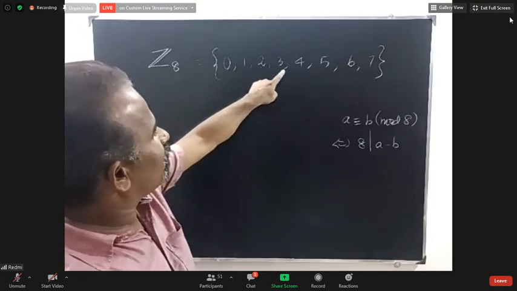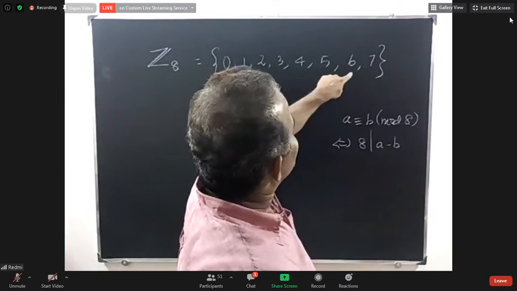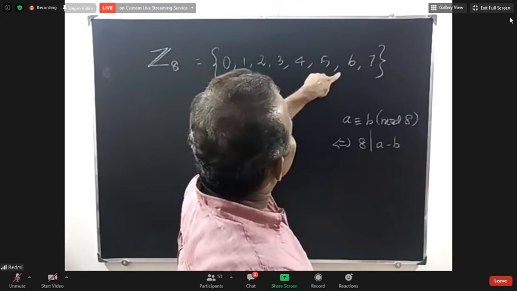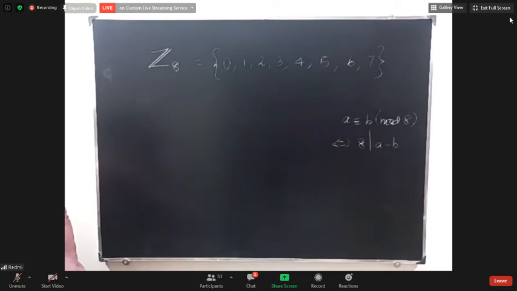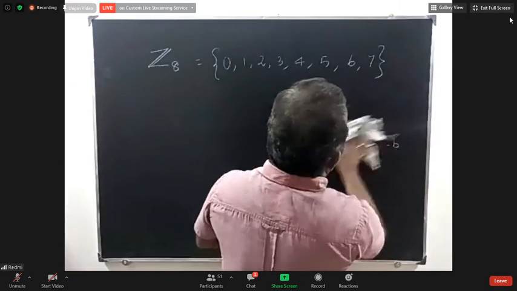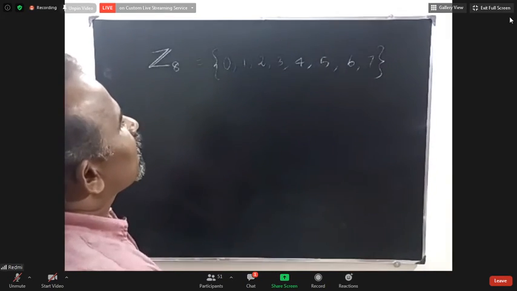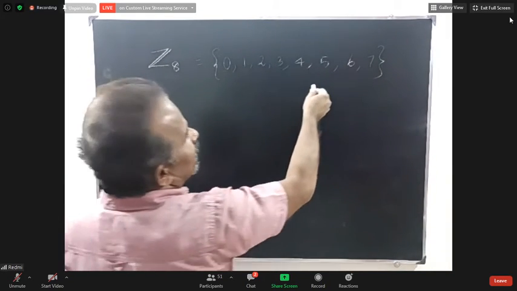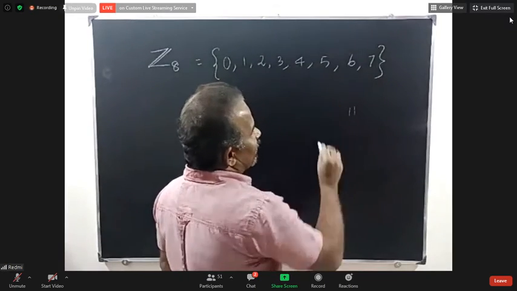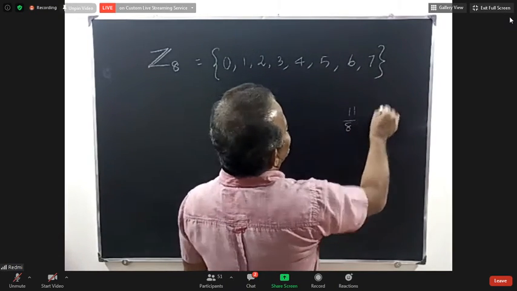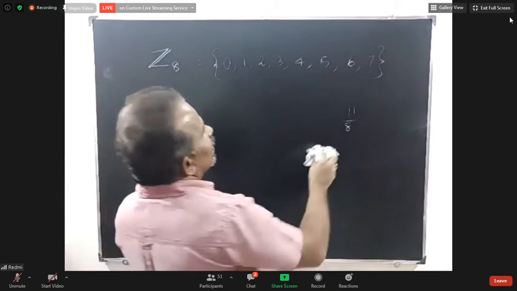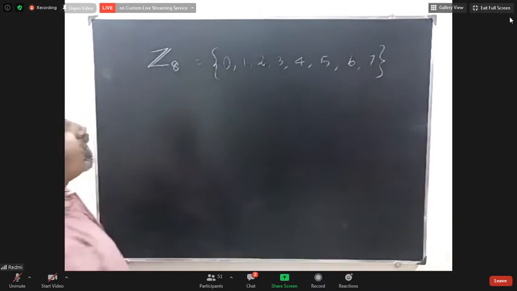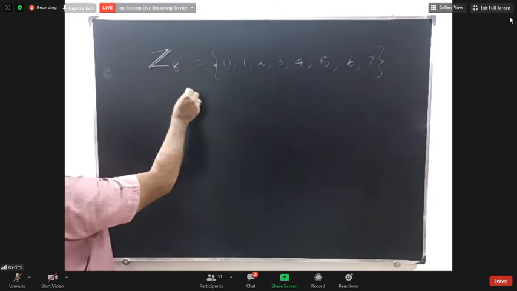If you add 1 plus 2 it is 3. 5 plus 6 is 11, and 11 is nothing but 11 minus 8, which is 3. So you can check very well that when you divide 11 by 8, the remainder will be the result of the operation. So therefore Z_8 is a group with respect to addition.